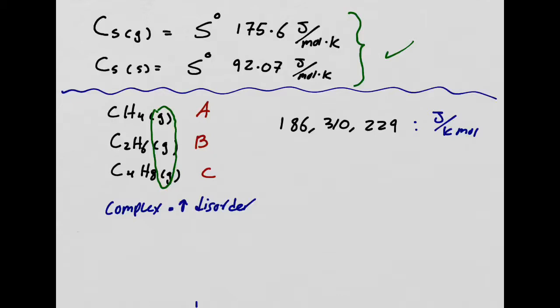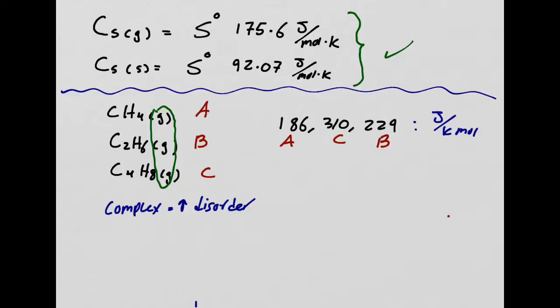So if we had to match, 186 would be A, 310 would be C, and 229 would be B. So again, the more complex you get, the more disorder you get.